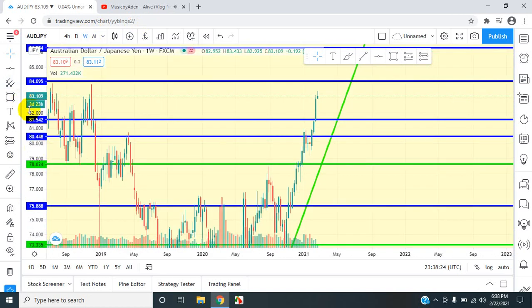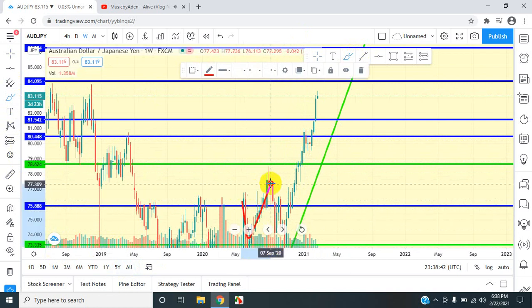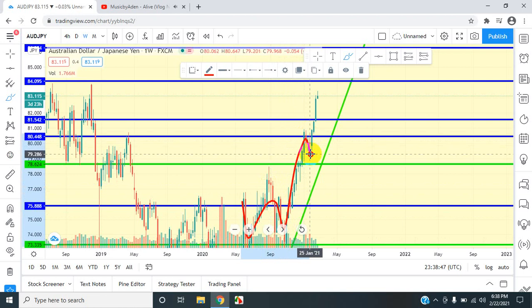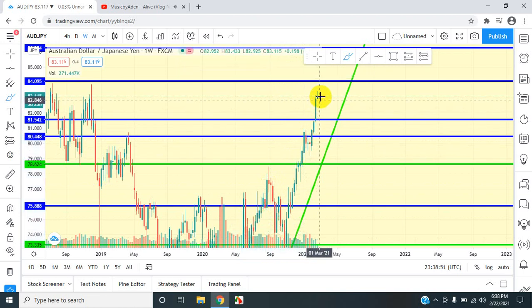Okay, so what I've seen in the market when it comes to AJ on a weekly and looking out for entry is that the market came down from a W here. First leg, second leg, third leg, got that fourth leg push up, got that retest, and then we have another push.